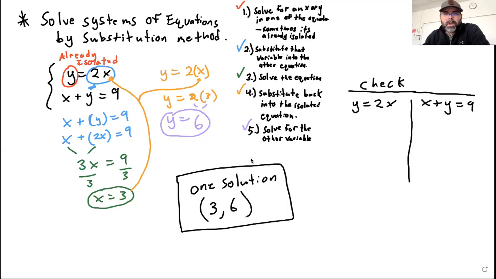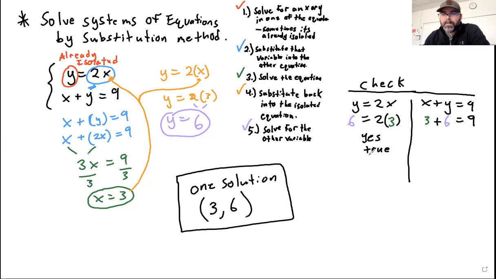And we're going to plug in 3 for our x's. And you're going to plug in 6 for your y's. And everything else stays the same. You're going to ask yourself, are these things true? Does 6 equal 2 times 3? Yes, this is true.